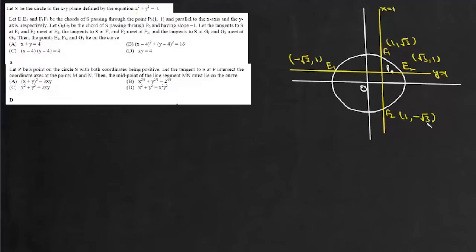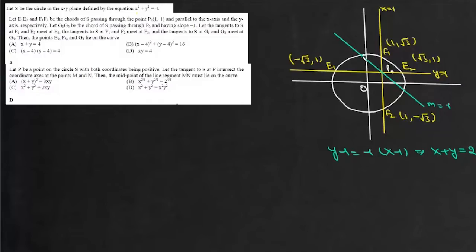Now it says let G1, G2 be the chord of S passing through P0 and having slope -1. So this is this line which passes through P0 and slope of this line is -1. So equation of this line will be y minus 1 equals minus 1 times x minus 1, or simply x plus y equals 2.